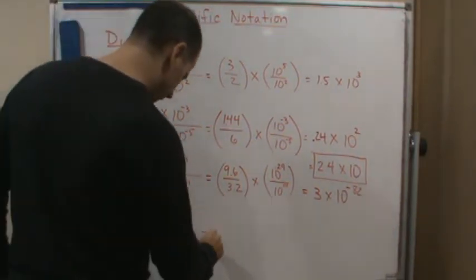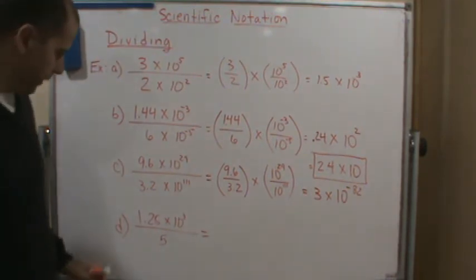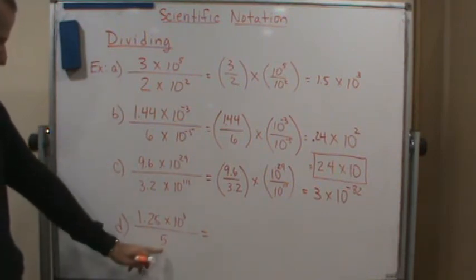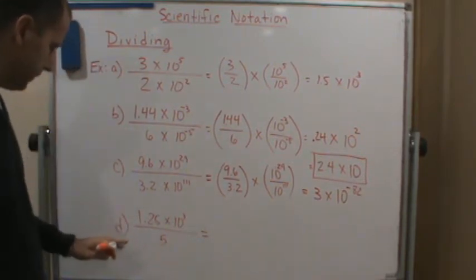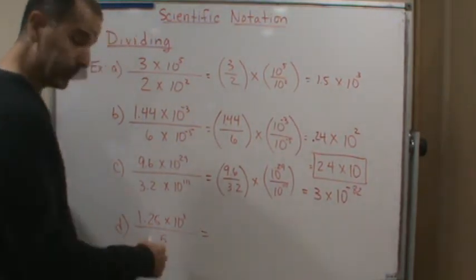Now, the last one, we've got a scientific notation on the top and a whole number on the bottom. Okay, so the way we could split this up is like this, because we could split this up a couple of different ways.